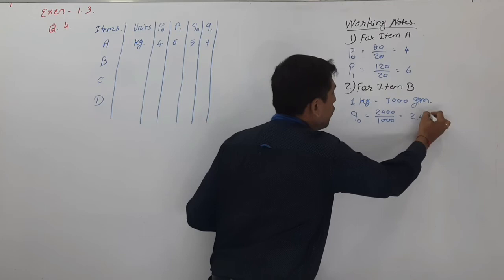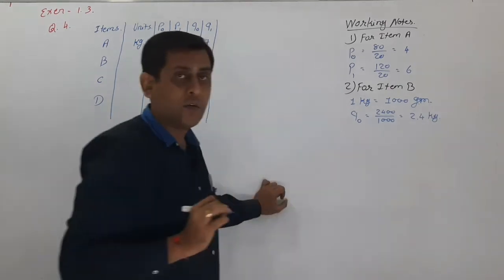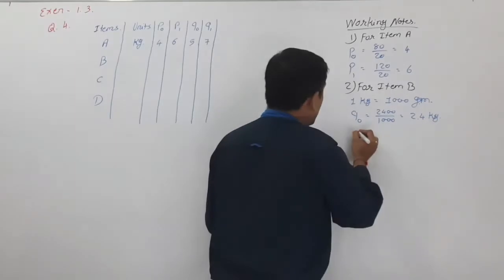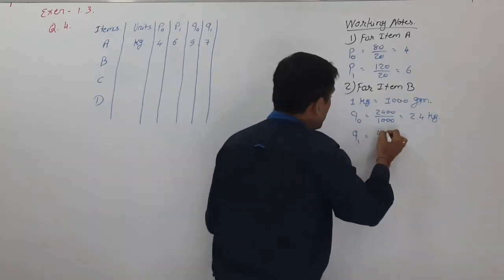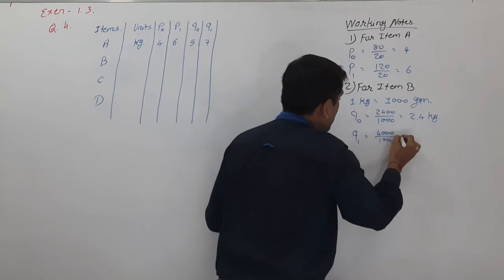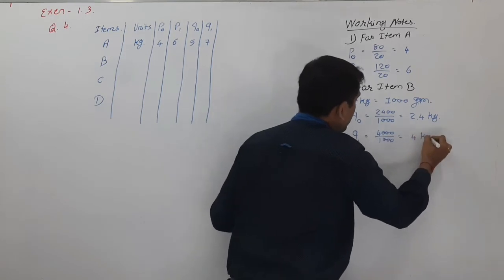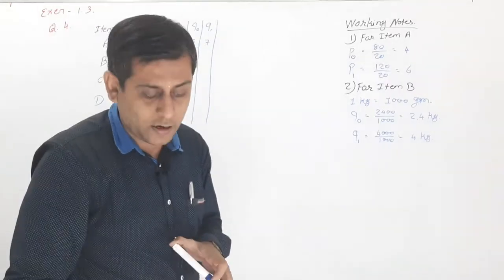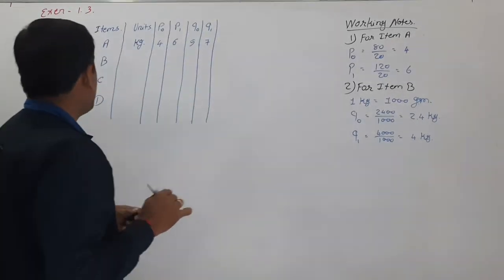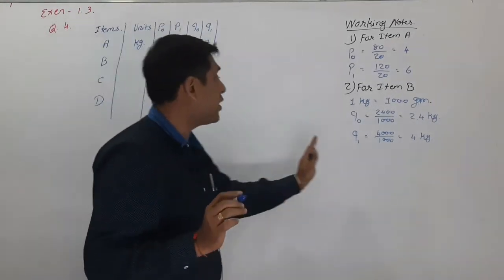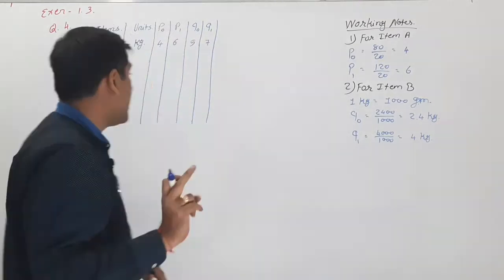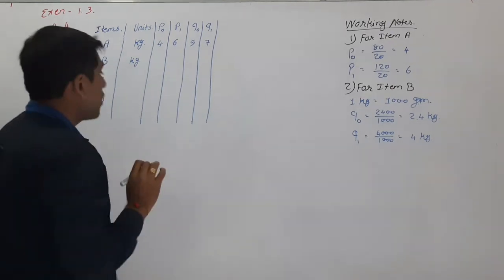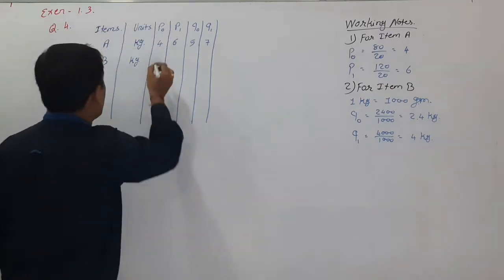So 2.4 kg is the answer for the quantity of item B, and then 4000 for Q1, so 4000 divided by 1000, that is 4 kg, is the quantity of the current year. Now we have to write item B, converting gram into kg. That's why in the unit column we write kg as it is, no change. What is the price? 20 and 24 is the price.